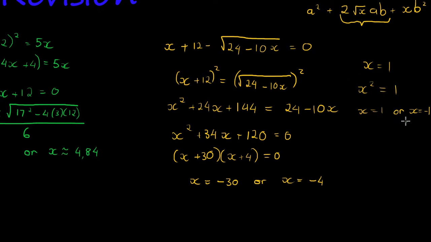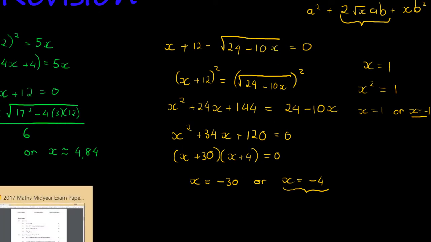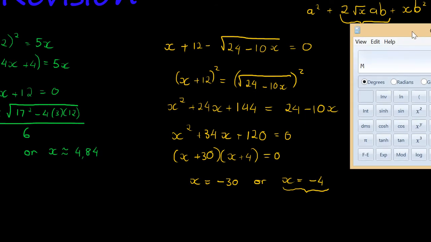So in order to solve that, we have to go and test which one won't work in the original question. So here we can test. For example, if you put in the negative 4 up in here, you get 24 minus, and then 10 times 4.